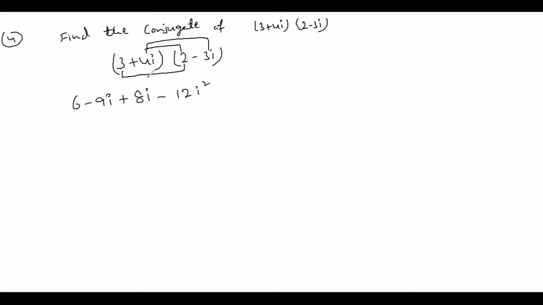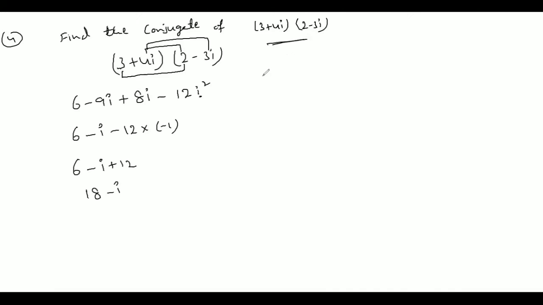So this is 6 minus 9i plus 8i, that is minus i, minus 12 into i square. This i square equals, we know, minus 1. So 6 minus i, minus of minus is plus, 12 ones are 12. 12 plus 6 is 18 minus i. And this is the product, whose conjugate we have to find.